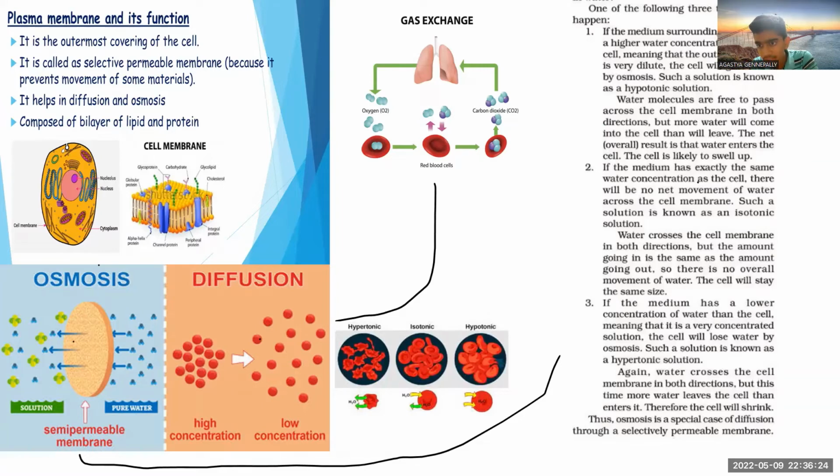Water crosses the cell membrane in both directions, but the amount going in is the same as the amount going out. So there is no overall movement of water. The cell will stay the same size. Clear? Whatever amount of water is going out, the amount of water coming inside is the same.